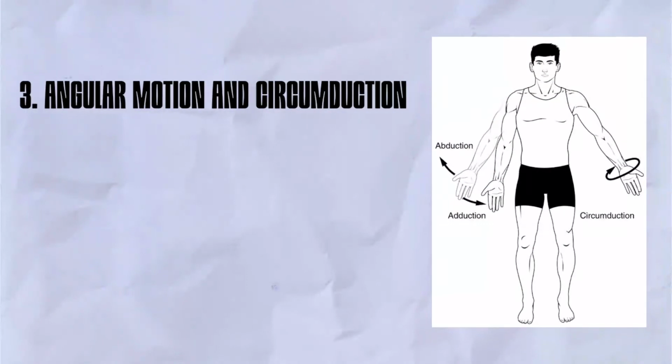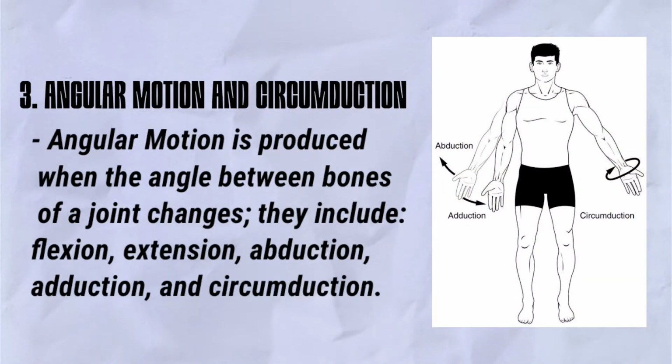The third movements are angular motion and circumduction. Angular motion is produced when the angle between bones of a joint changes. They include flexion, extension, abduction, adduction, and circumduction.